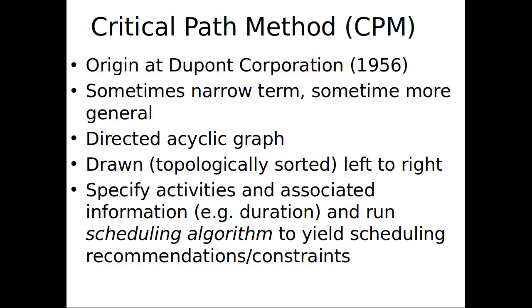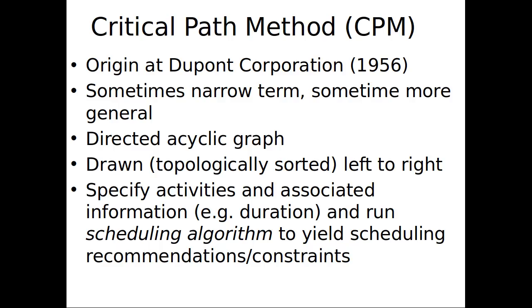So these sorts of graphs are used. They're topologically sorted in this way, and they are used to reason about how long it will take for a given line of work to play out. Each of these nodes, each of these vertices in this graph, is associated with some information: the duration, what depends on them.